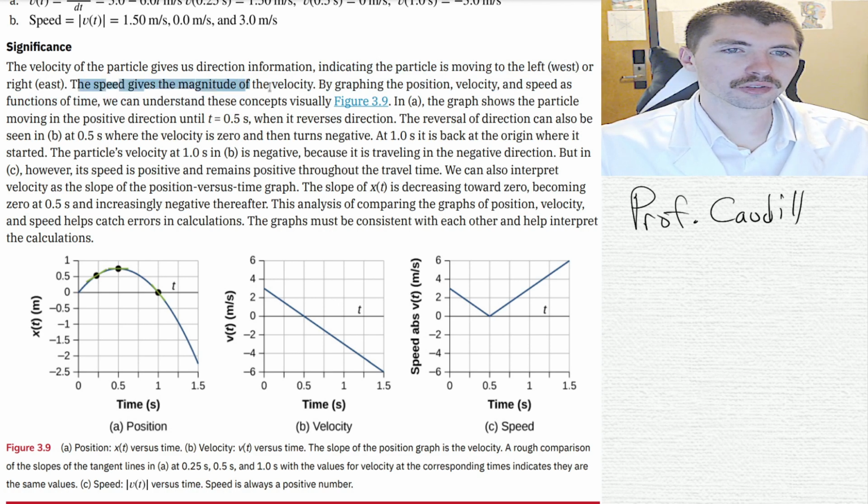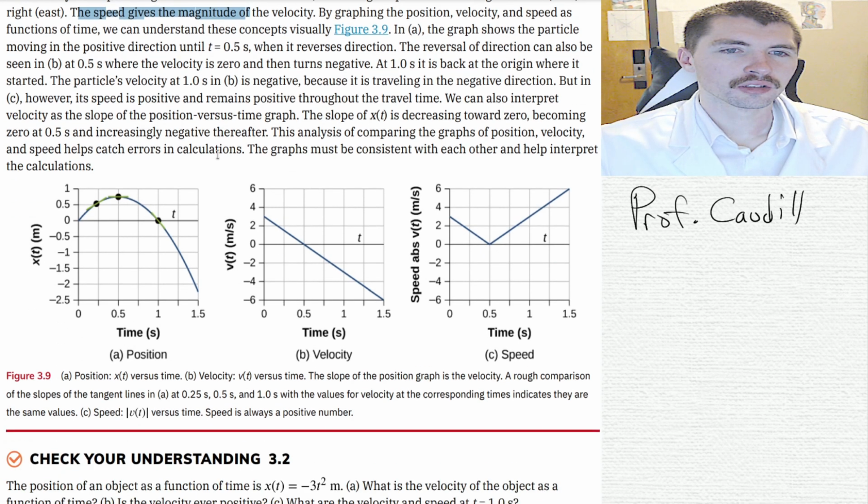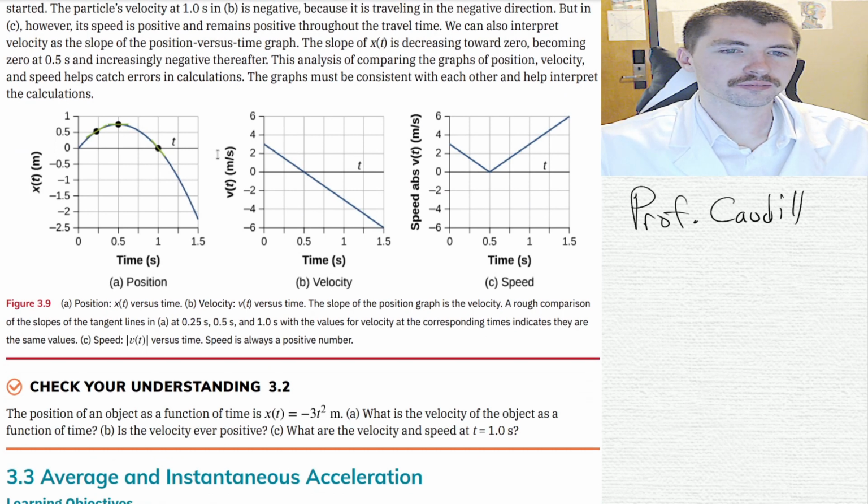Speed is the magnitude of the velocity. Yeah, so speed is the absolute value of the velocity.